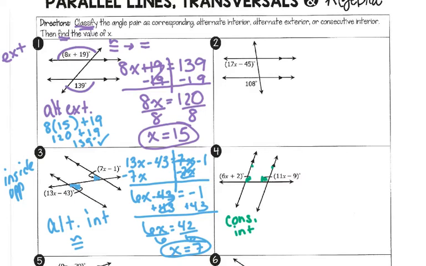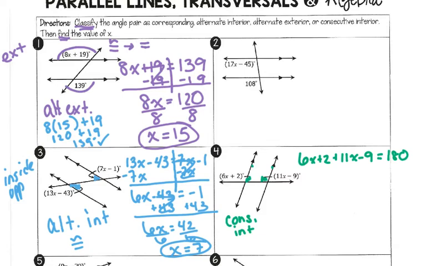Now, with consecutive interior angles, we know, because they also form a straight line here, they have to add up and equal 180 degrees. So I'm going to write an equation of 6x plus 2 plus my other angle of 11x minus 9 and set that equal to 180.